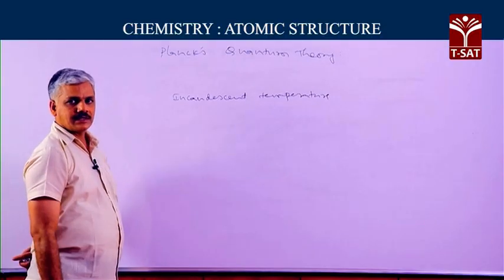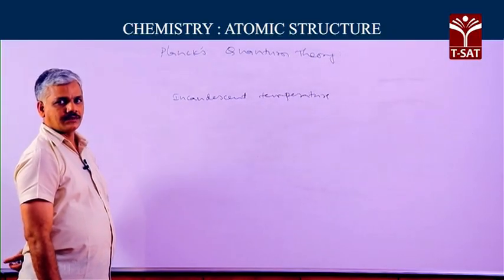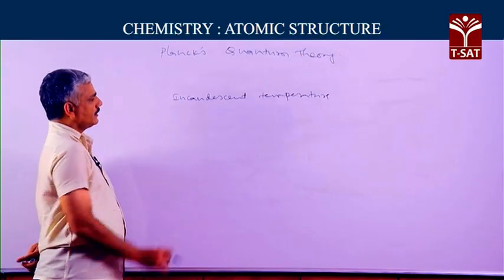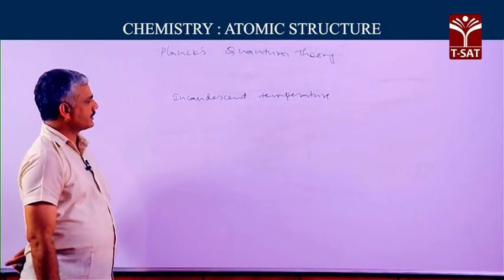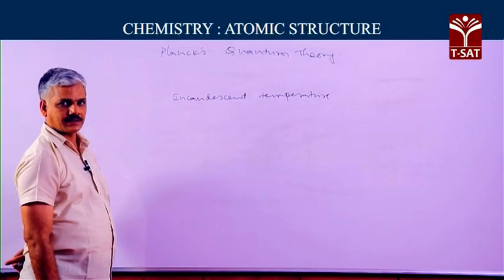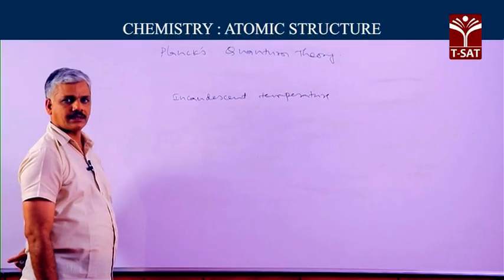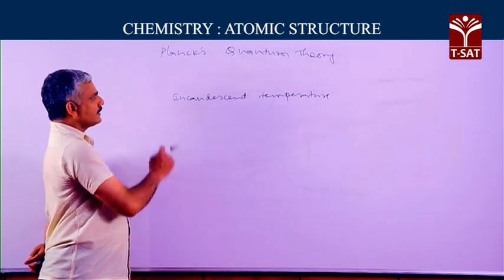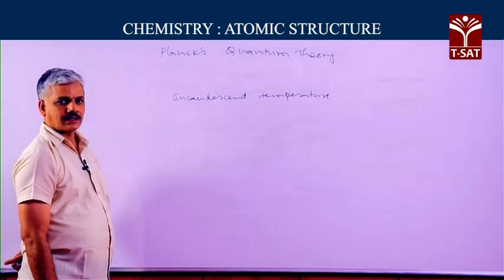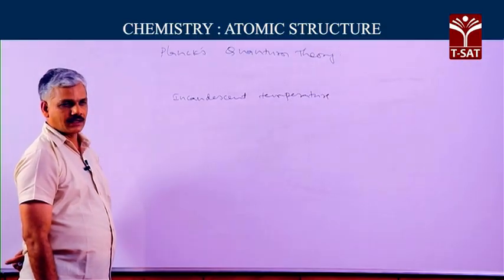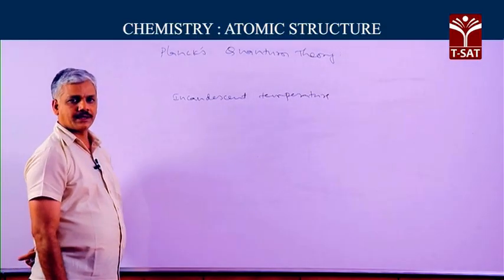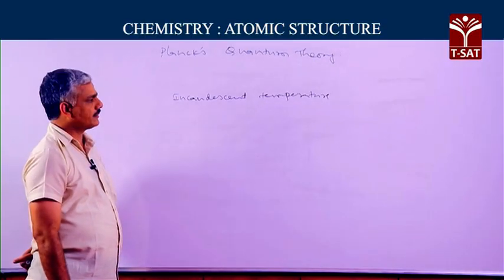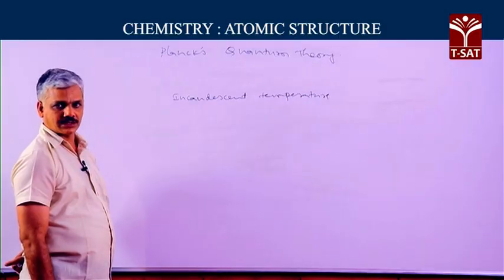The energy can be supplied to the body either in the form of heat or in the form of current. Then the body will be heated to this particular temperature, and then it will start emitting the electromagnetic waves.